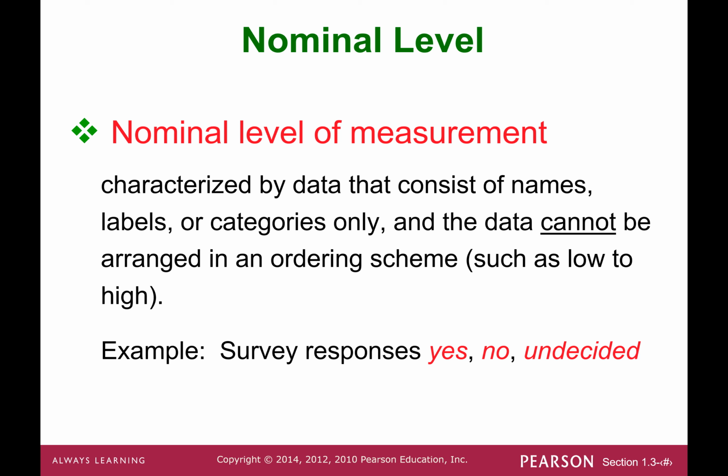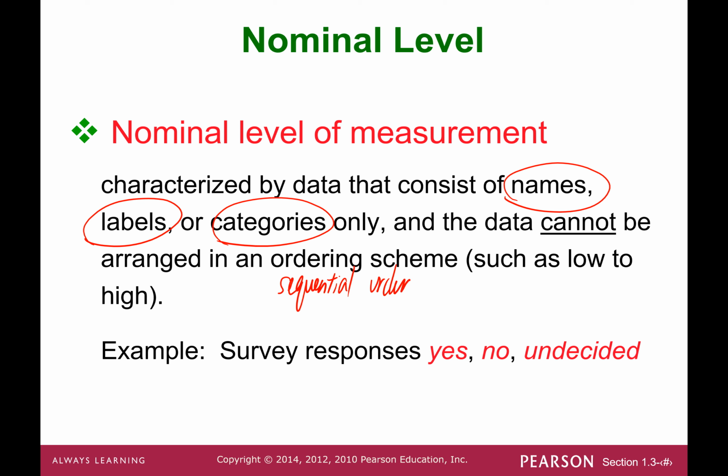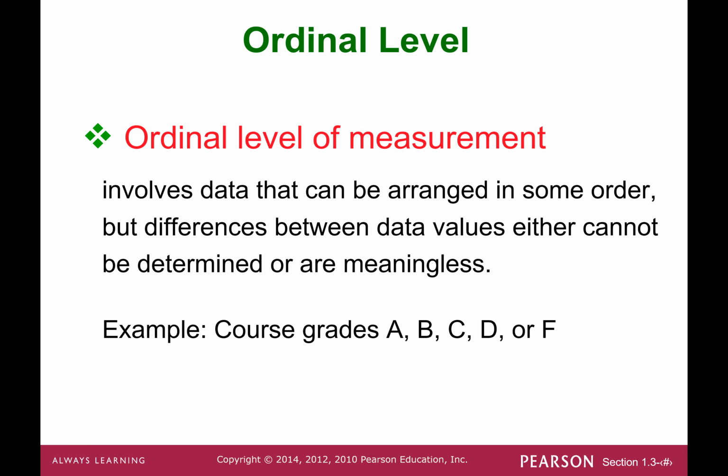It's characterized by data that consists of names, labels, and categories only, and the data cannot be arranged in a sequential order, from low to high or high to low. For example, survey responses like yes, no, undecided. That's a typical nominal level of measurement.